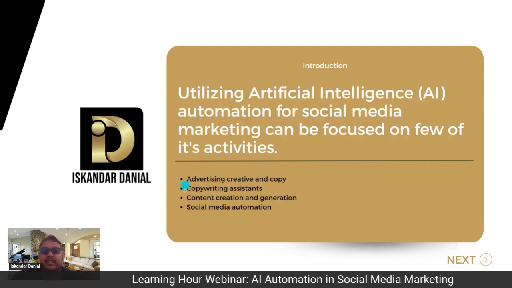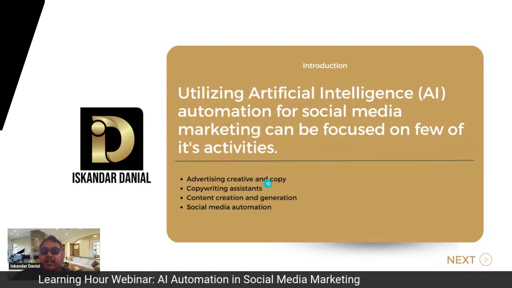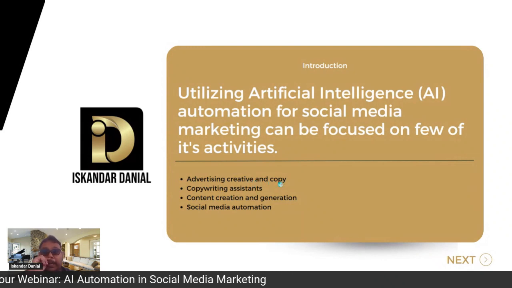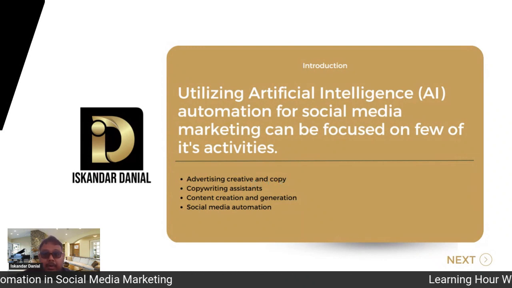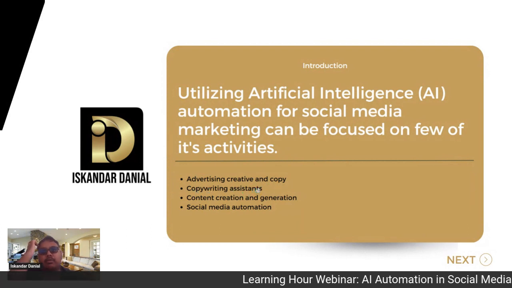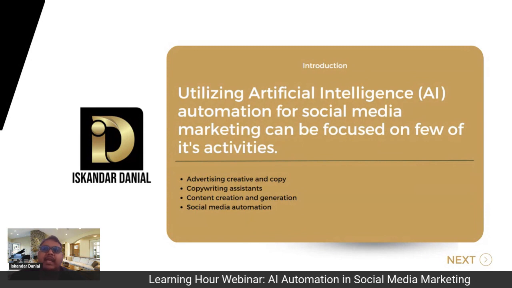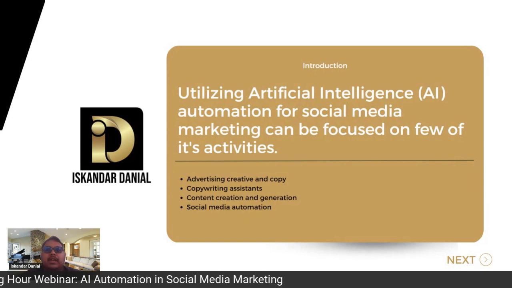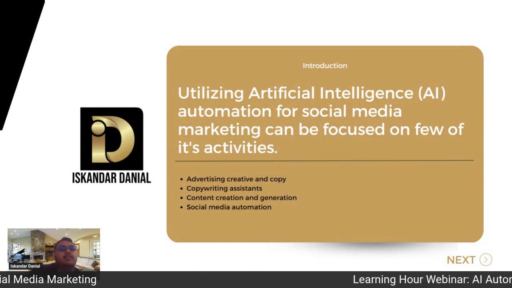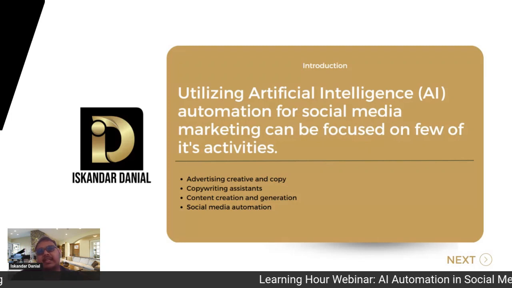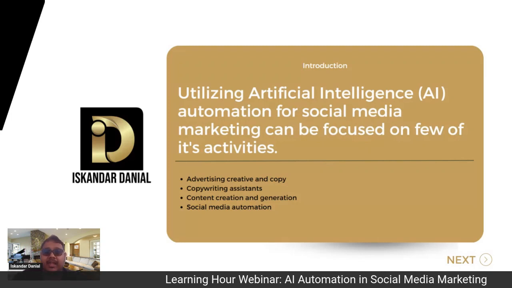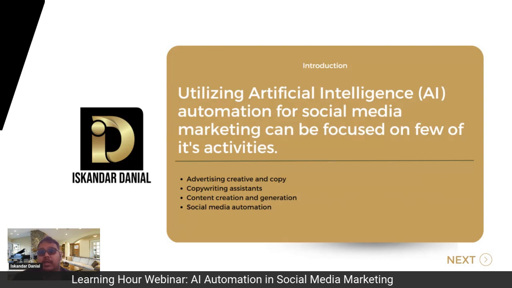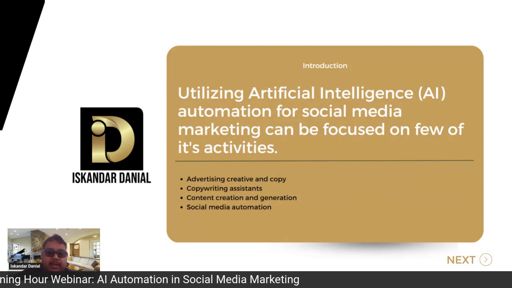Part of these activities involves advertising, creative, and copy, meaning that you generate the copywriting. Here you see copywriting assistance. We have a few AI tools in the market that can assist you in writing your content, your ad copy, your blog post, anything that you ask for, and they can write it for you.